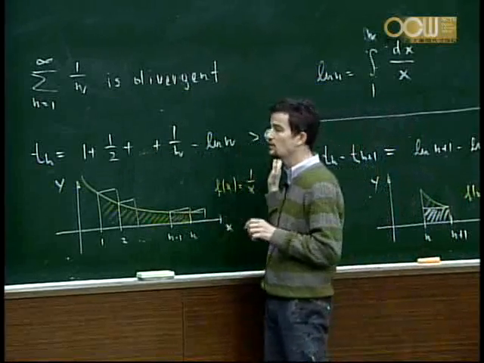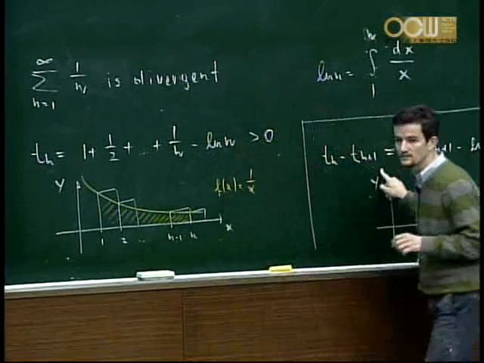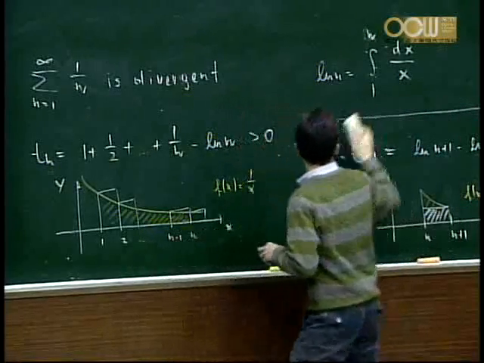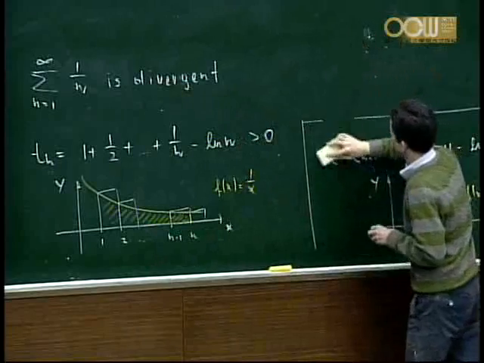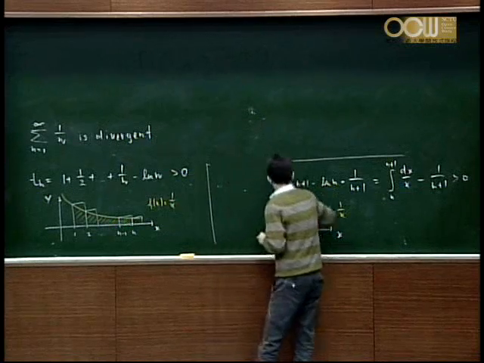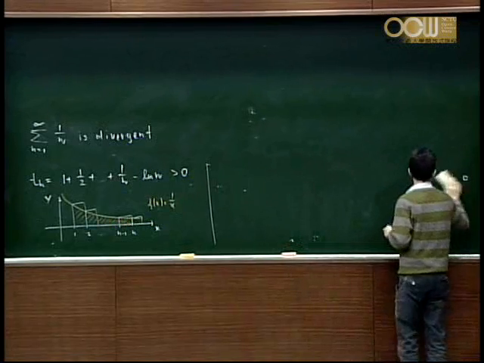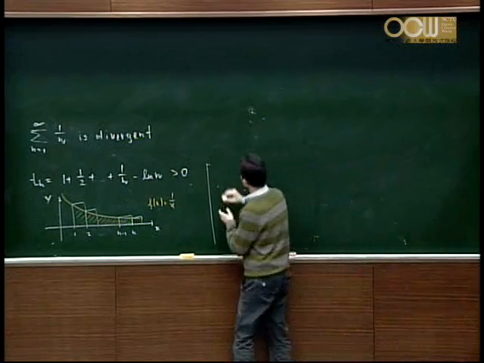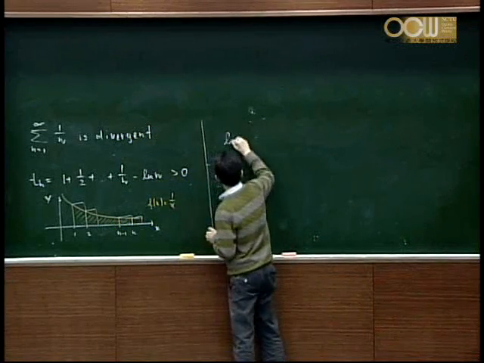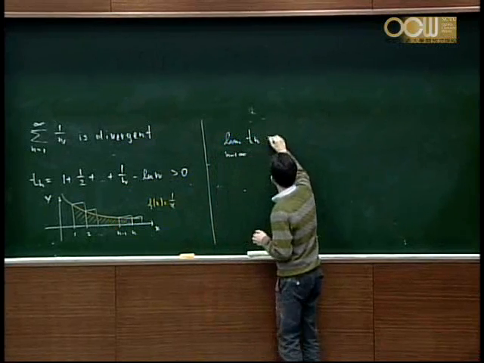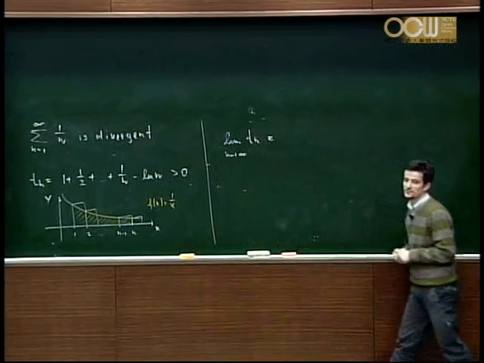We prove bounded from below, we prove decreasing, and then we immediately have convergence. So Tn will converge. So this is convergent here.